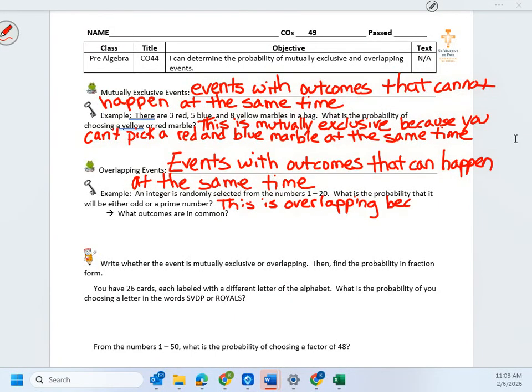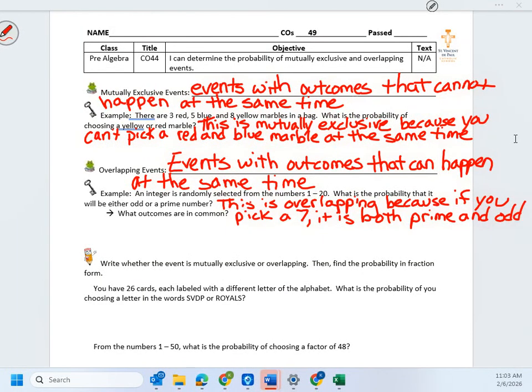Because if you pick a 7, it is both prime and odd. Right?